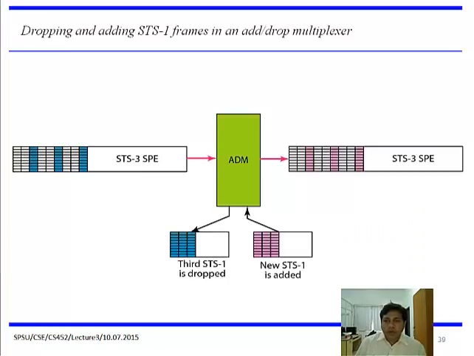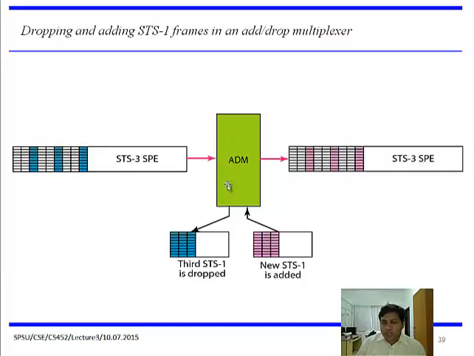So now let's understand how this ADM works. For example, from STS3, this is from line 1 to line 2 in a path. Some signals will pass through the ADM because they need to go from line 1 to line 2.